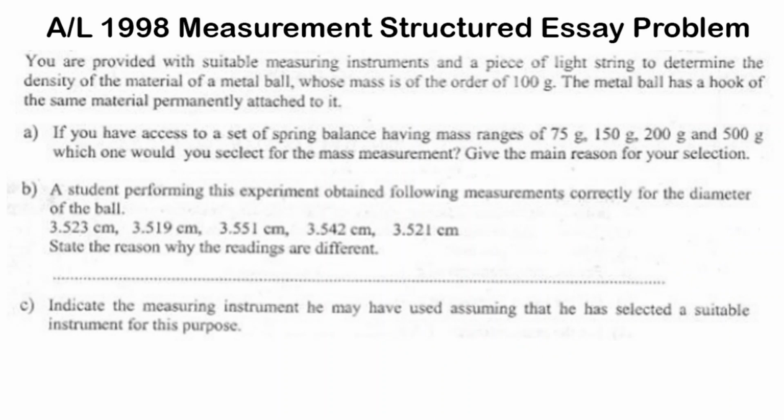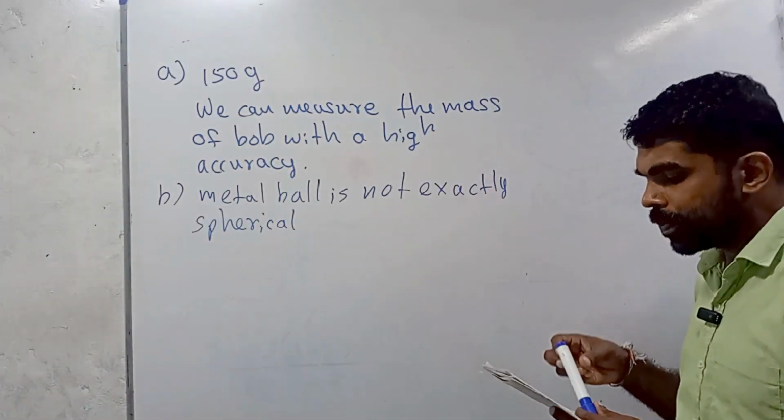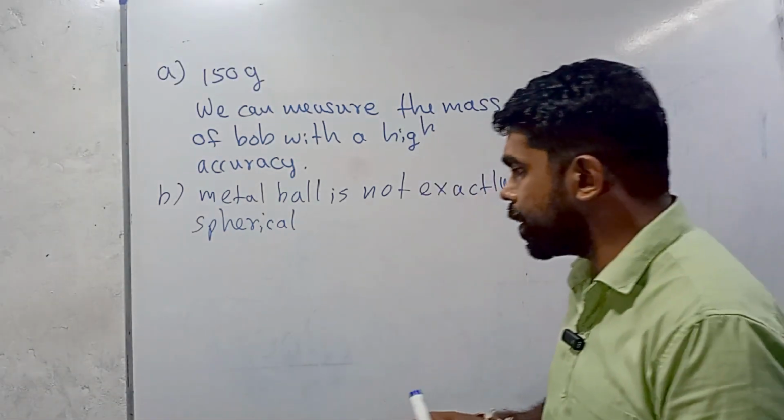Then part C, indicate the measuring instrument he may have used, assuming that he selected a suitable instrument for this purpose. They have obtained values up to 3 decimal places in centimeters.